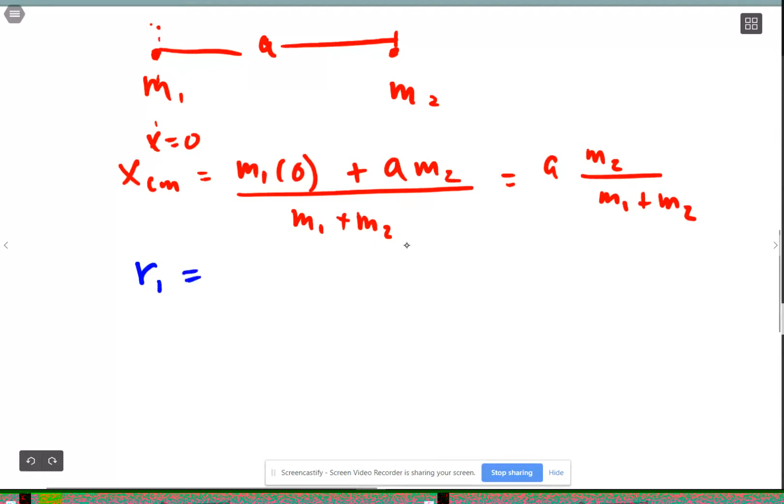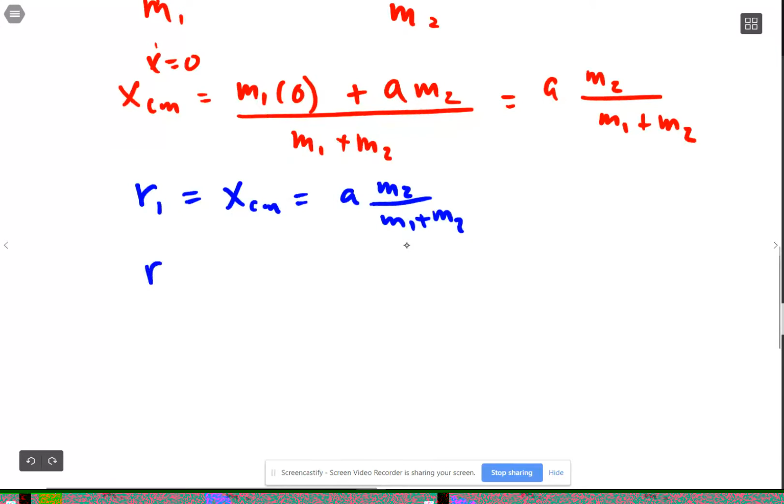So then I'm going to have R1 is equal to x center of mass, which is equal to a times m2 over m1 plus m2. And R2 is equal to a minus x center of mass, which is a minus a m2 over m1 plus m2.